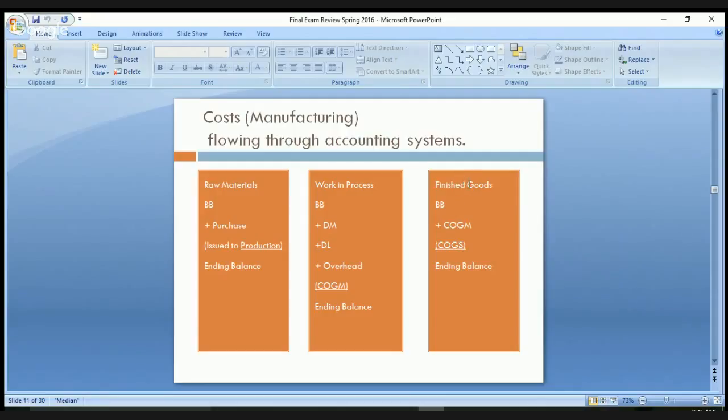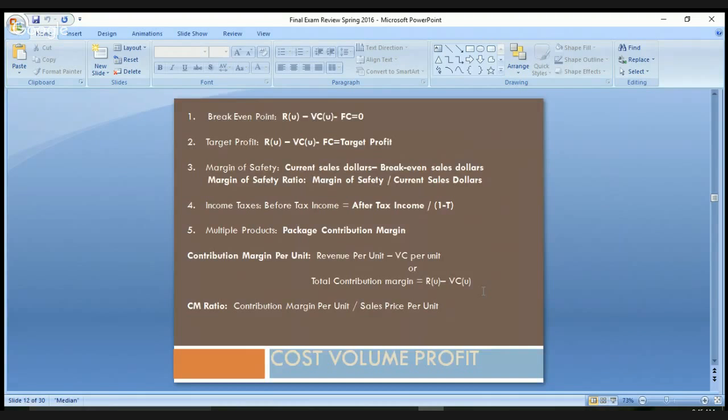And then your finished goods is your beginning balance plus what you brought out of work in process minus what you sold to get your ending balance. I would highly suggest that you do the T accounts for these. I think that's going to be the easiest way for you to do that. If you have any questions, please do not hesitate to ask on that one.